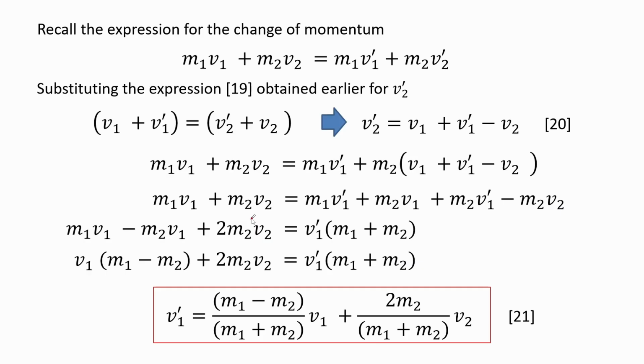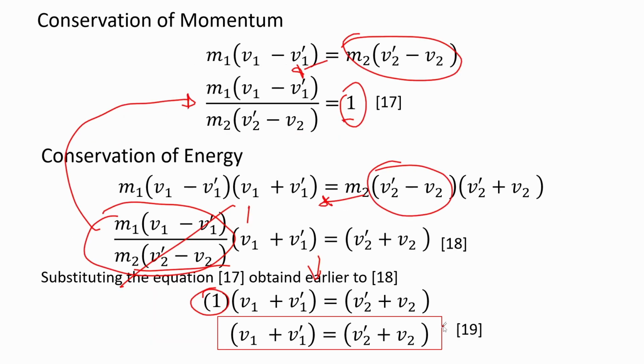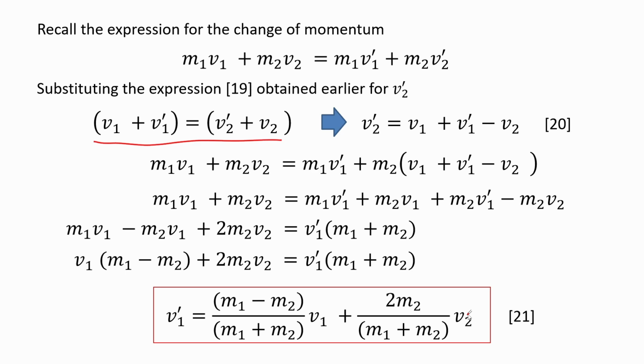So we recall the expression for the change in momentum. We have m1 v1 plus m2 v2 is equal to m1 v1 prime plus m2 v2 prime. So substituting the expression we got earlier, this one, and rewriting that one, you get an expression for v2 prime equal to this function here.